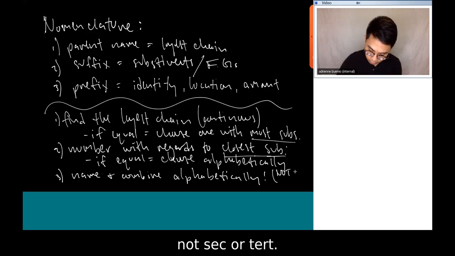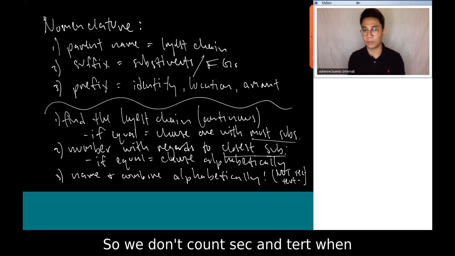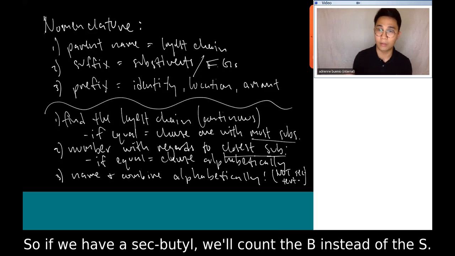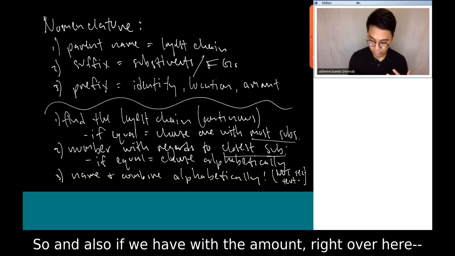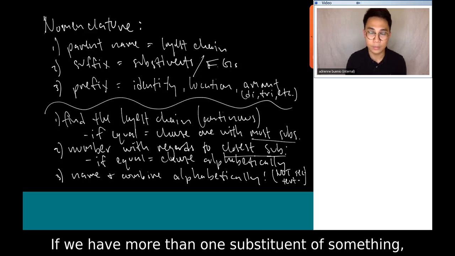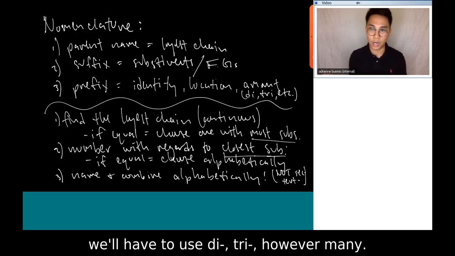Not sec or tert. So we don't count sec and tert when we're doing alphabetically. So if we have a sec butyl, we'll count the B instead of the S, right? And also if we have the amount, like the di, tri, etc. If we have more than one substituent of something, we'll have to use di, tri, however many, right?